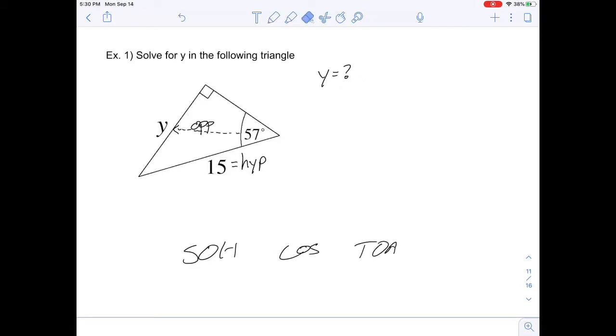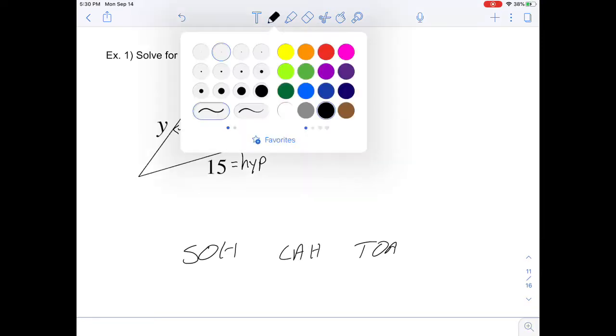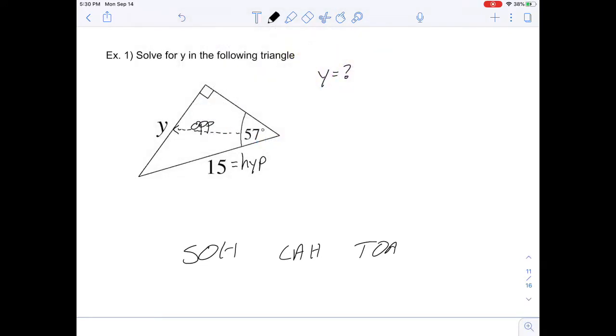I shouldn't have written cos, I should have written ka. So SOH CAH TOA, which is a way to memorize these formulas. In this case, we're given the hypotenuse and we're trying to solve for the opposite. What relates opposite and hypotenuse? That would be our first one, sine. A way you can do this is check mark things.